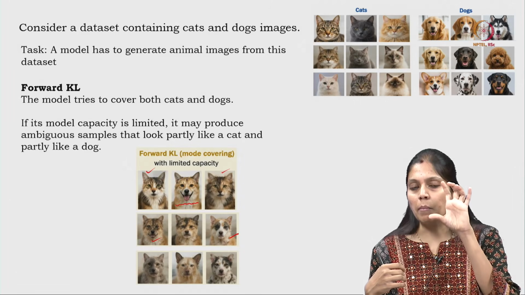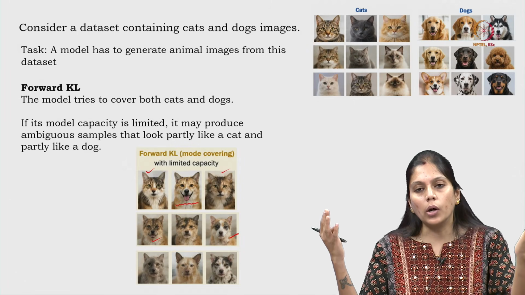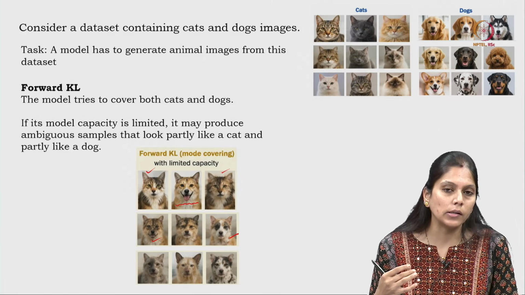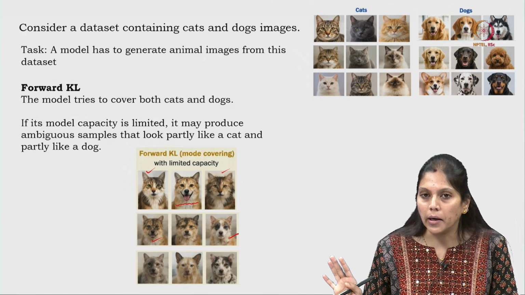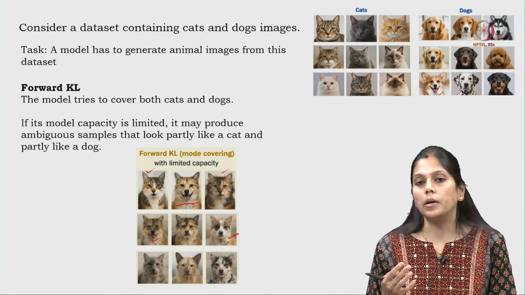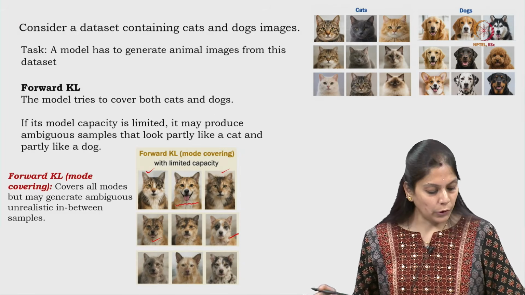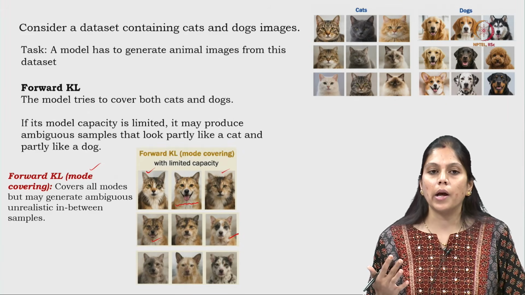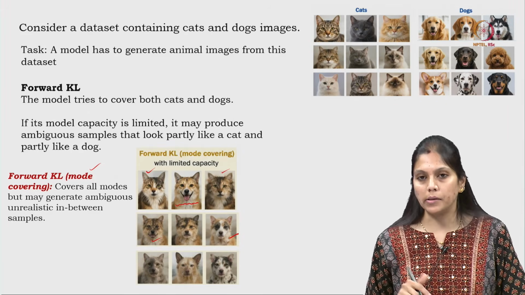So it is going to combine both and give us the data. No doubt it is going to generate data, but that data will be unrealistic. So, mode covering covers all the modes, but may generate unrealistic in-between samples.